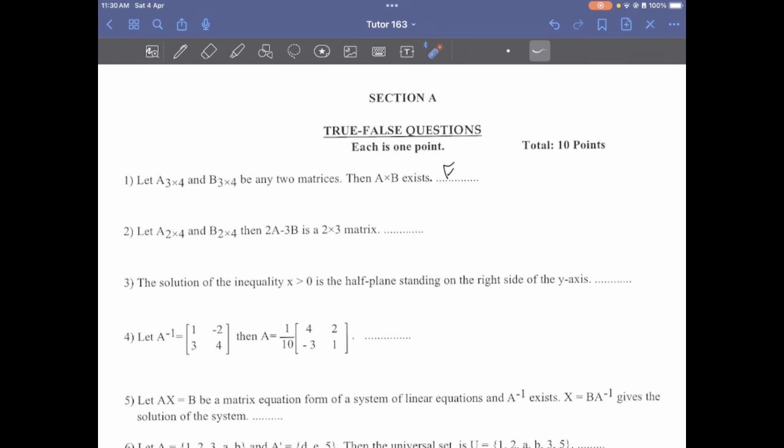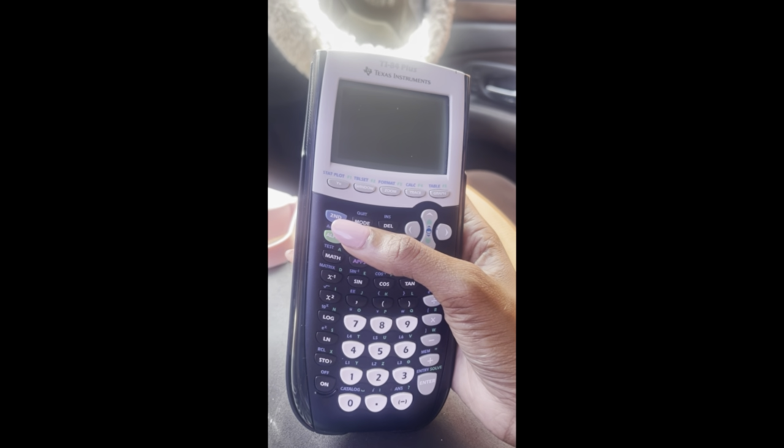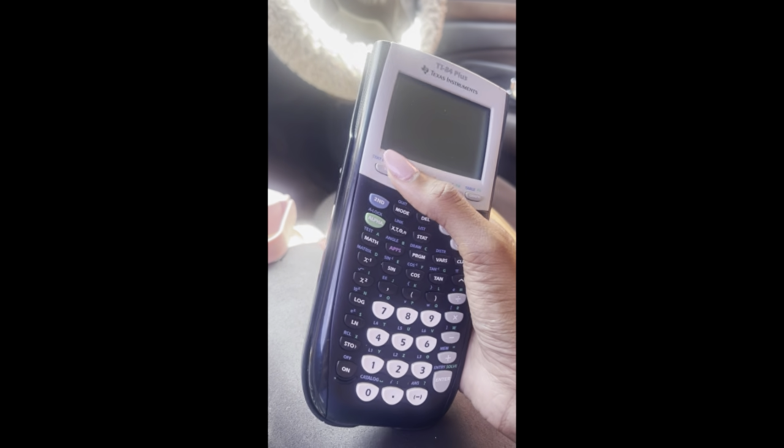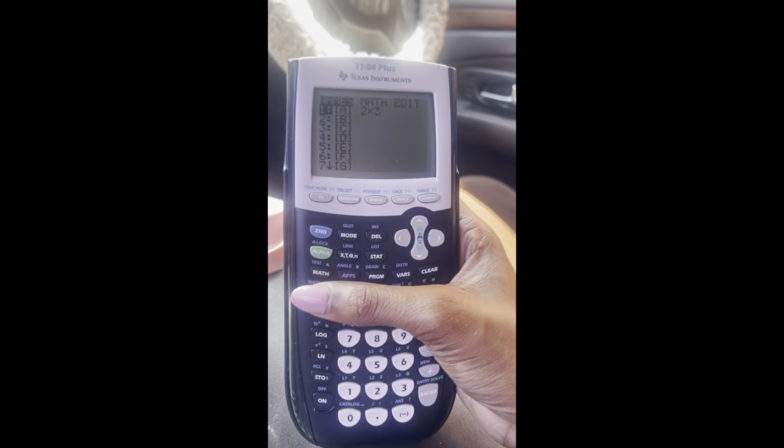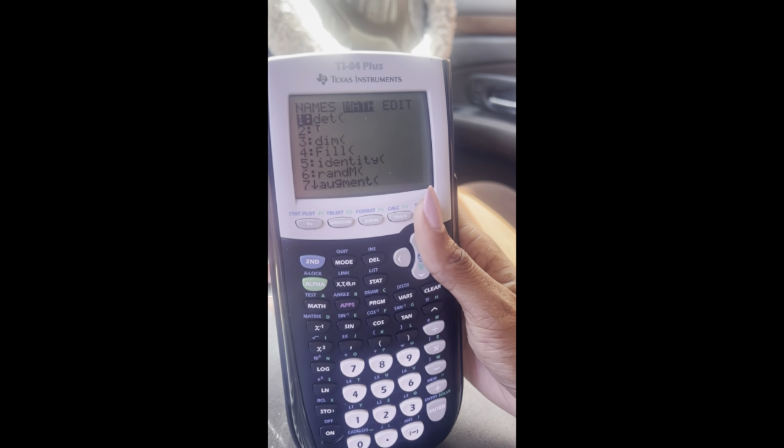Number two: let A be 2x4 and B be 2x4, then 2 times A minus 3 times B is a 2x3 matrix. Again, you'd have to check it. So A is a 2x4. I'm going to go to second, matrix, edit, A. We're going to make this a 2x4.